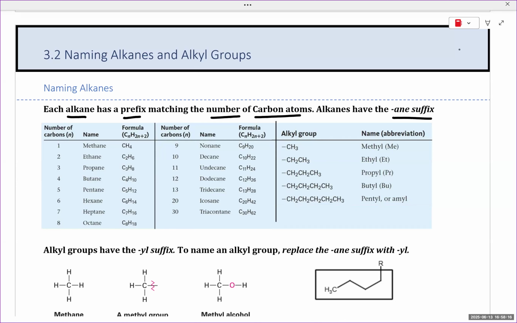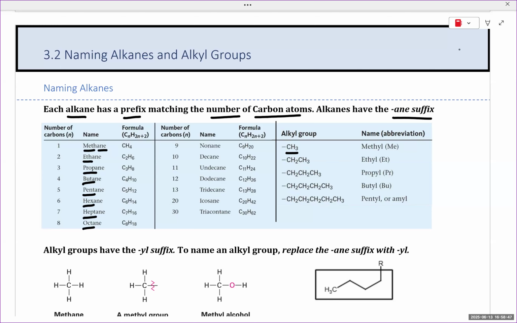For example, a 1-carbon chain or group would have the meth- prefix. A 1-carbon alkane would be methane. 2 carbons has the eth- prefix. 3 prop, 4 but, 5 pent, 6 hex, 7 hept, 8 oct, and so forth.